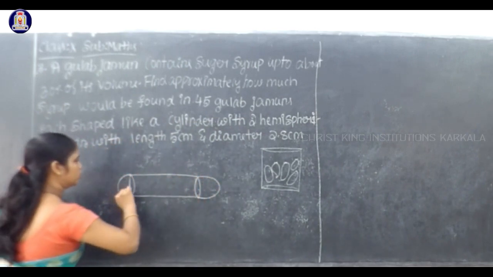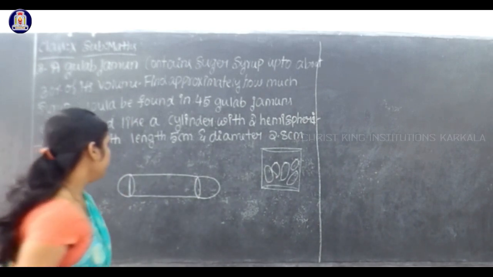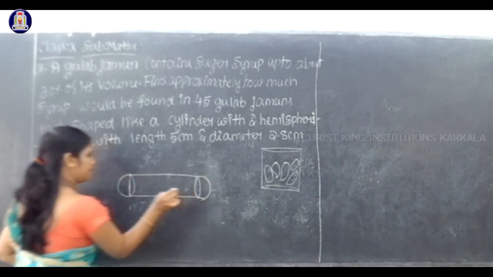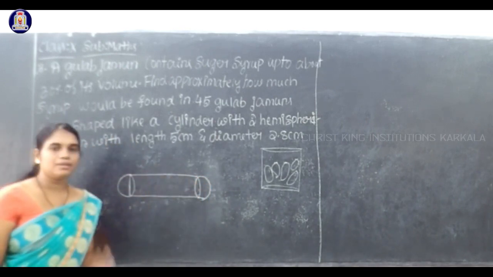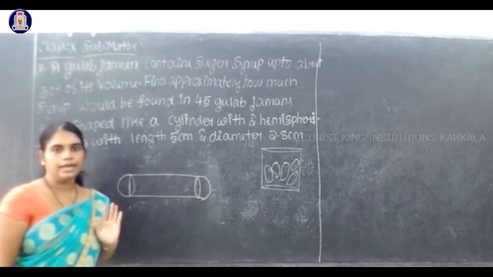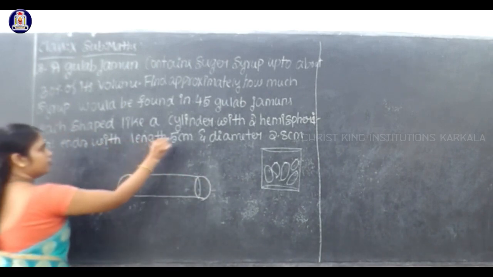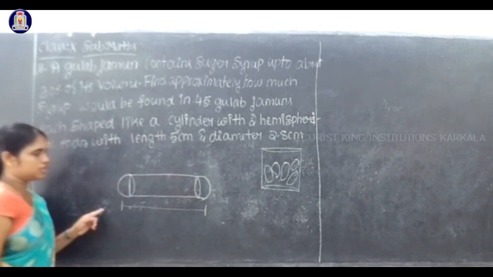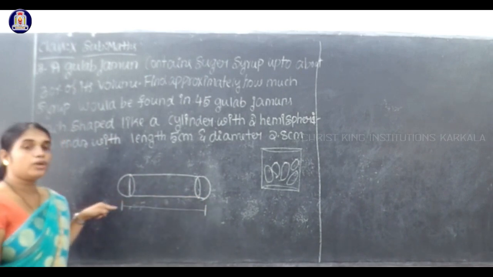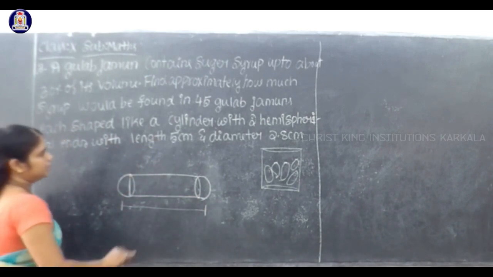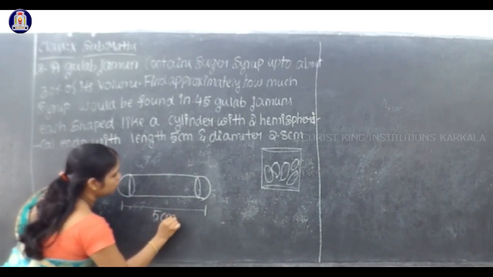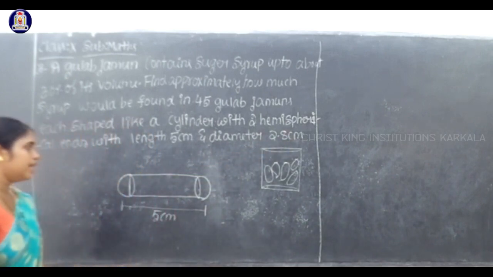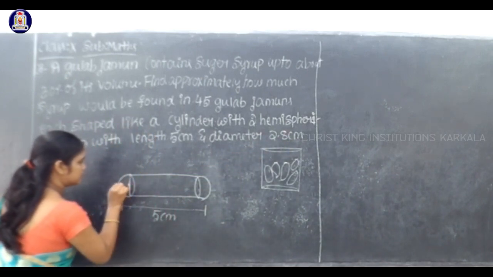I'll attach two hemispherical ends, so its top as well as the bottom will contain two hemispherical ends. With length 5 centimeter given, that means the length of this full gulab jamun is 5 centimeter. Also the diameter is equal to 2.8 centimeter.